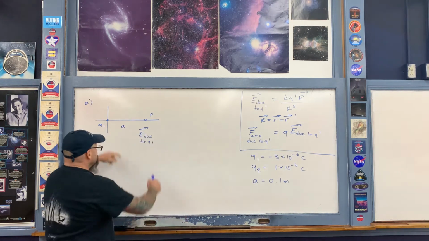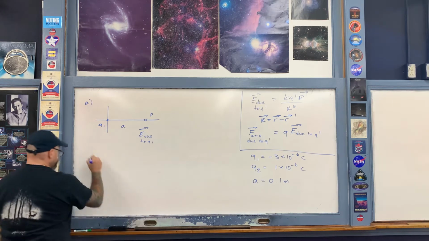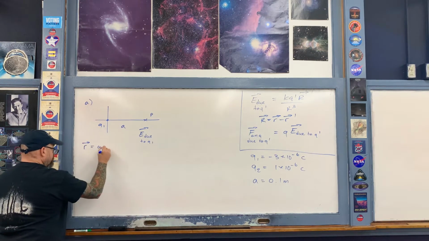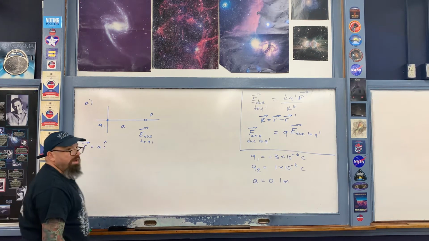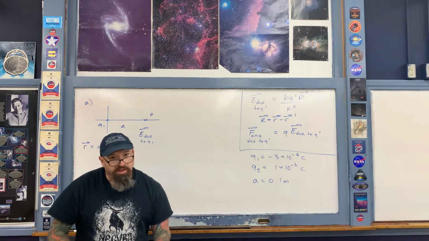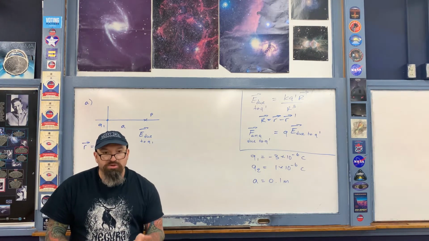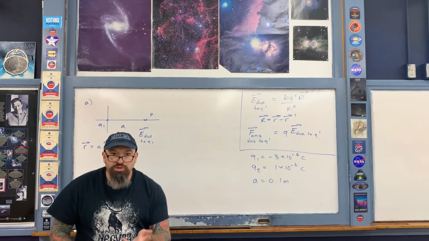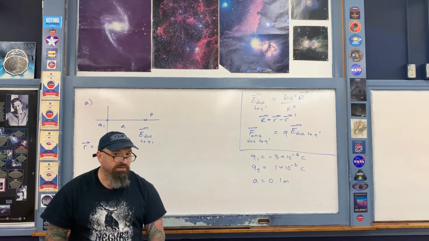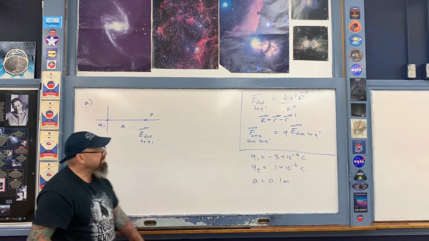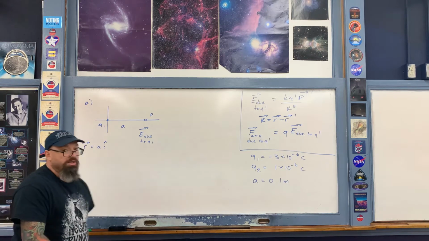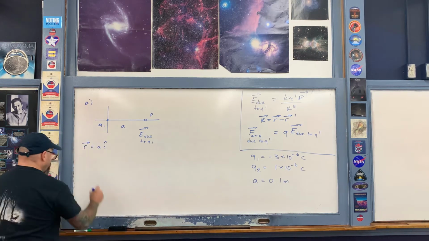In this case, that's of course just a i hat. Okay, and then little r prime. Little r prime always goes from the origin to the charge that causes the field. So Q1 causes the field and it's here at the origin, so then therefore the vector little r prime is equal to 0.